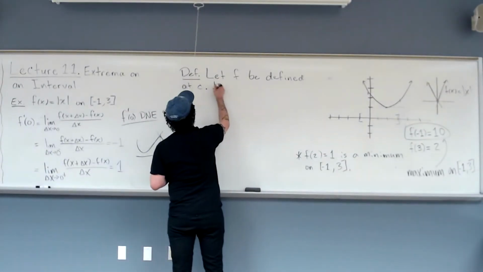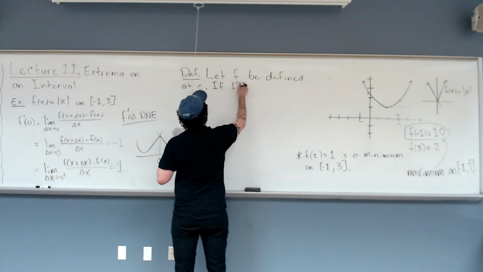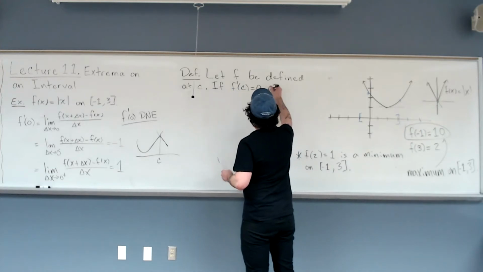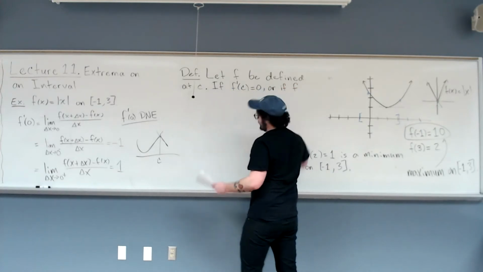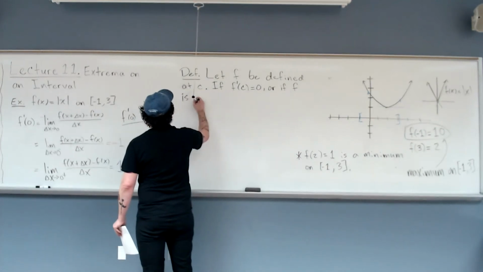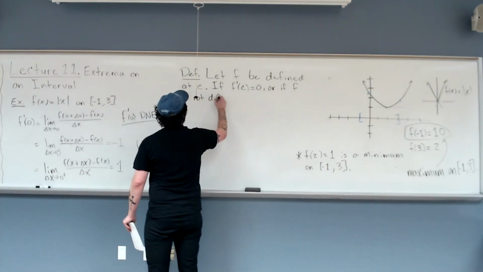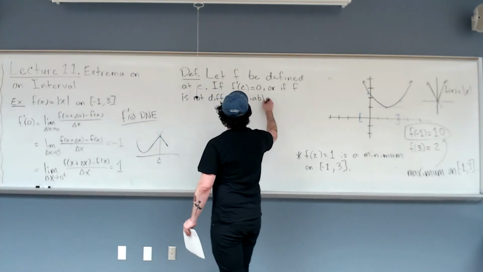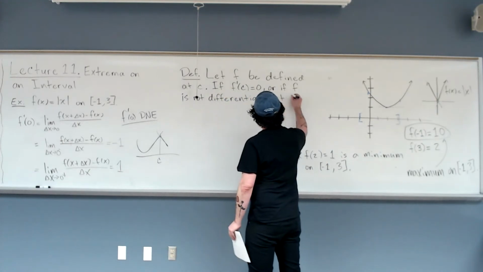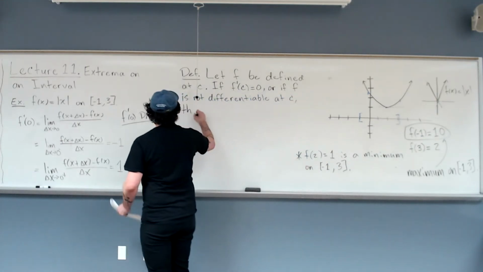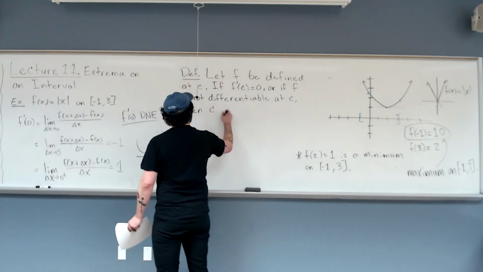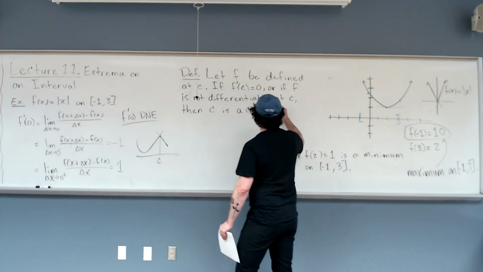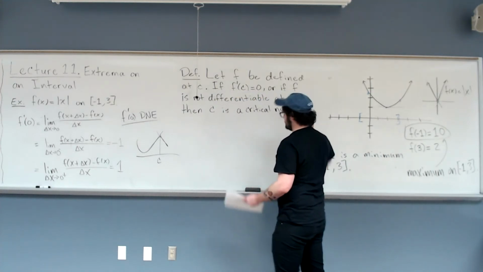So if f prime of C is equal to 0, or if f is not differentiable at C, then C is a critical number of f.